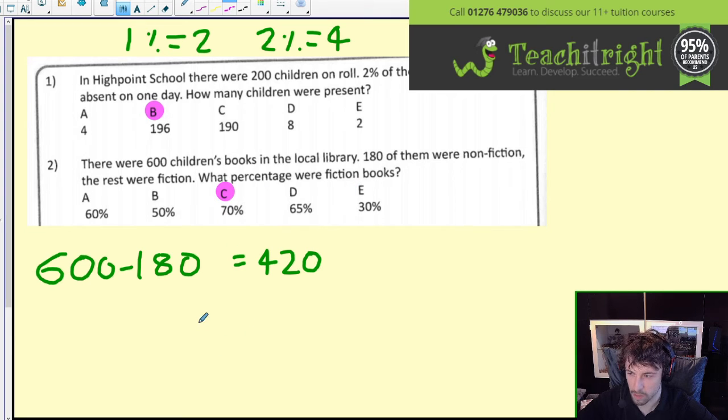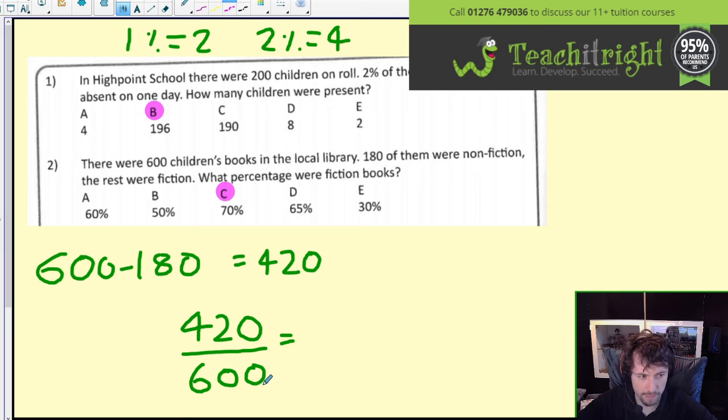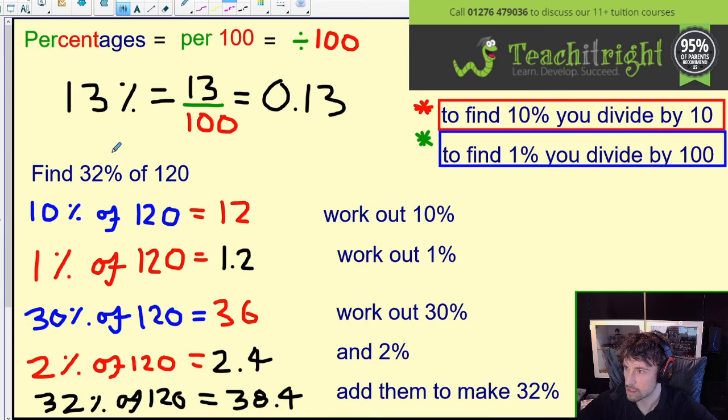And now we know how many books there are that are fiction. Percentage of fiction books. Well, 420 out of 600 of the books are fiction. That's a fraction. And we talked about earlier how fractions and decimals and percentages are the same thing. So does that mean I can just convert my fraction to being out of 100 and go straight to percentage? Well, yes, it does.